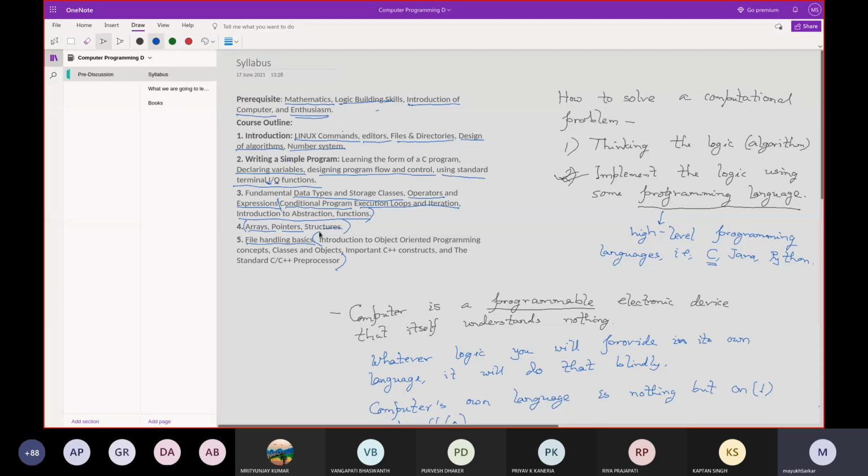So my major discussion will be up to file handling basics. That means pure C, right? If time permits, I'll give you some idea about what the object-oriented methodology turns out to be.